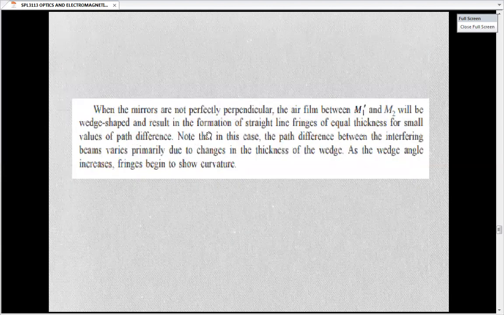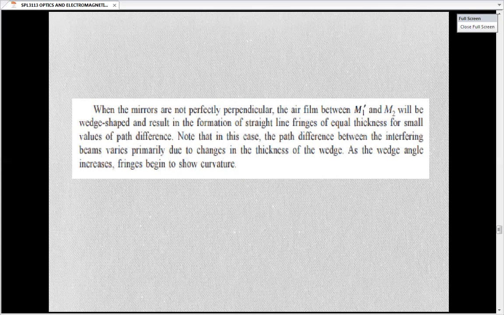Also, we note that when the mirrors are not perfectly aligned at 90 degrees, then instead of having a film of air that has equal thickness, you have one side tilted more than the other, and therefore the fringes are going to be produced by a wedge-shaped film of air instead of a parallel film of air. The nature of interference will also depend on the shape of the wedge.